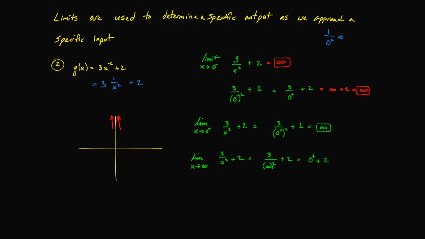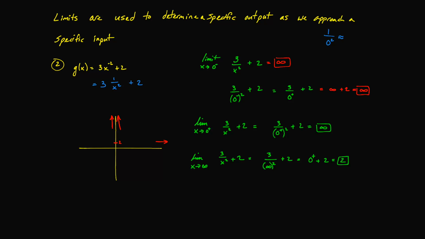If this is a very small number plus 2, what are we going to get out of it? I would say barely any change to 2. So actually, this comes out to being 2. So as we're approaching x towards positive infinity, we're getting a horizontal asymptote this way. We're not exactly hitting 2, but we're approaching it.